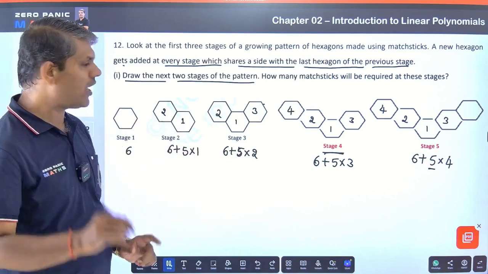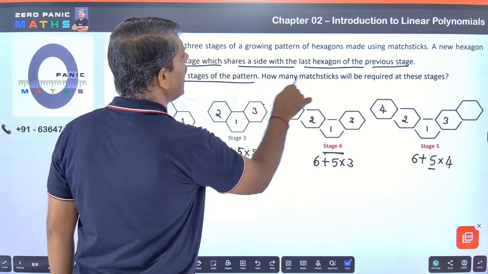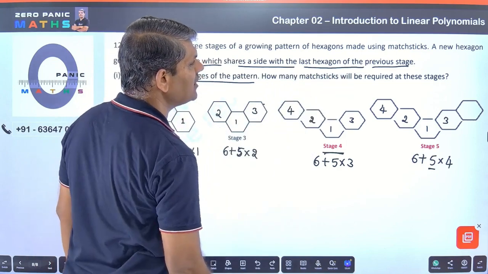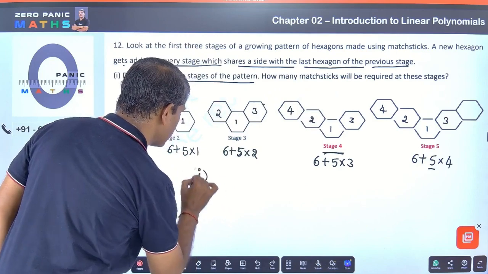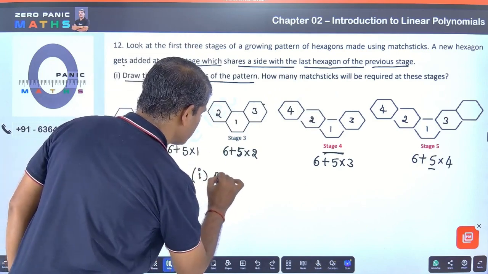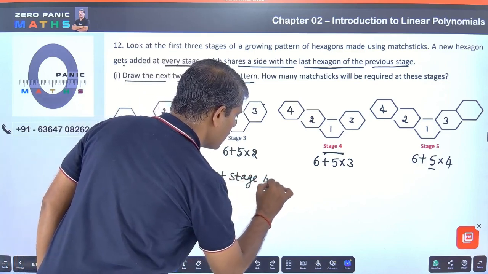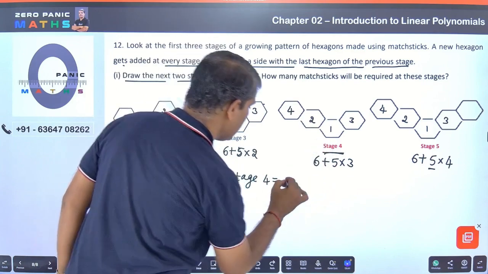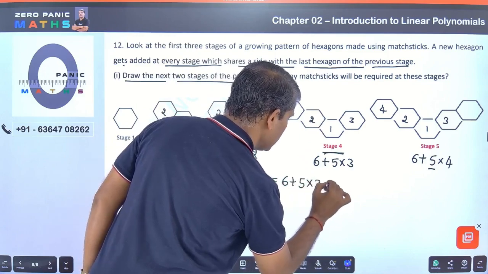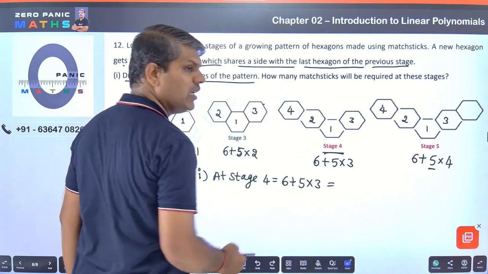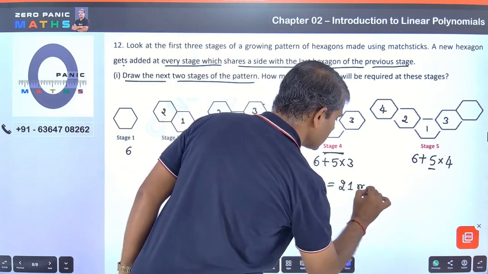So what is the answer? The first question is, how many matchsticks will be required at these stages? At stage 4, the formula is 6 plus 5 into 3, that is 15 plus 6, which is 21 matchsticks.